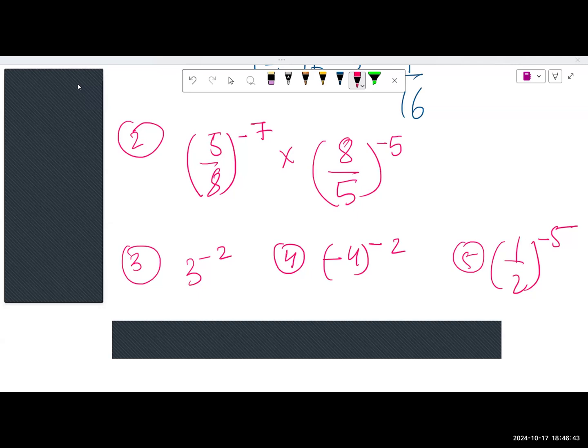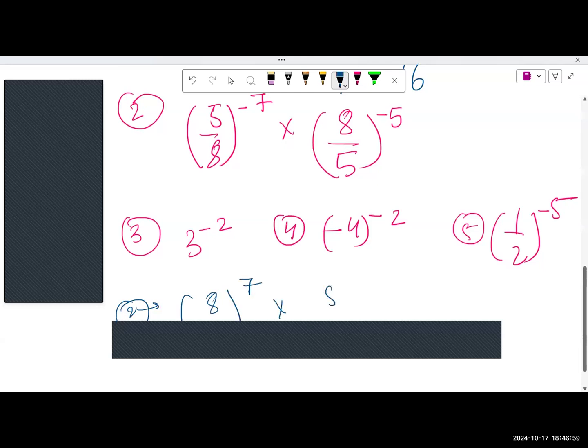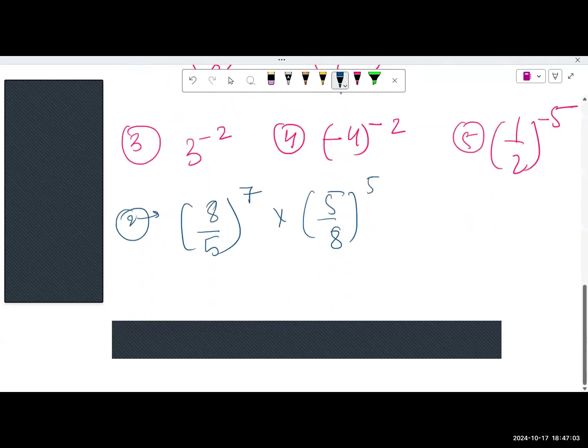Ma'am, I'm done. Okay. What about the rest? Yes, ma'am. The first one will be like the second one: (8/5)^7 multiplied by (5/8)^5. Now see, you have 8 to the power 7 upon 5 to the power 7 multiplied with 5 to the power 5 upon 8 to the power 5.